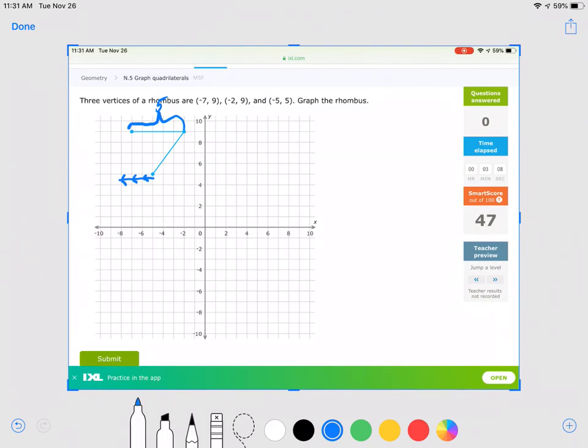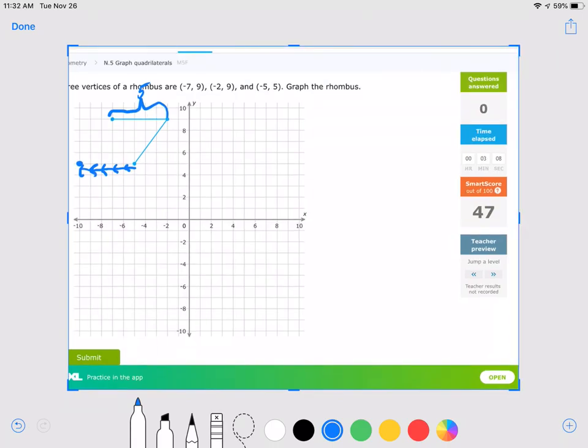So we go 1, 2, 3, 4, 5 out to this point here. That means this length down here, which I'm doing in red, is the same as the one up here. That's what we need. And then it turns out the other one just works out on its own.